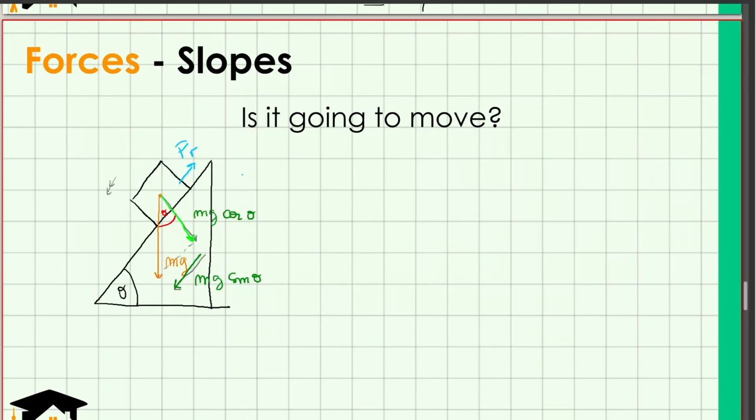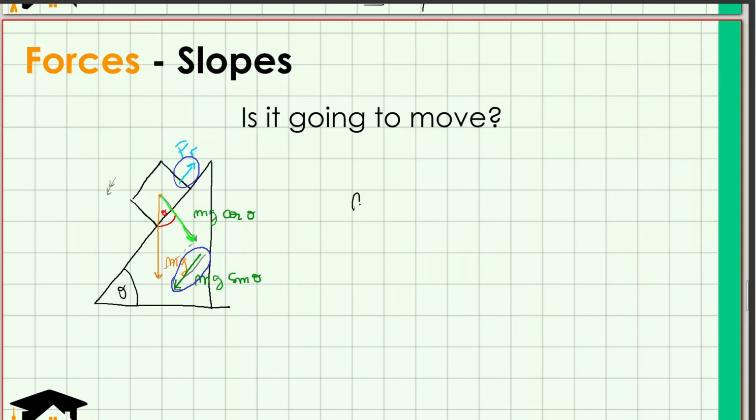So when we're asked if this object is going to move, then what we have to compare will be this force, the one that goes downwards, and the friction. So this one is mg sine of theta, and the friction.